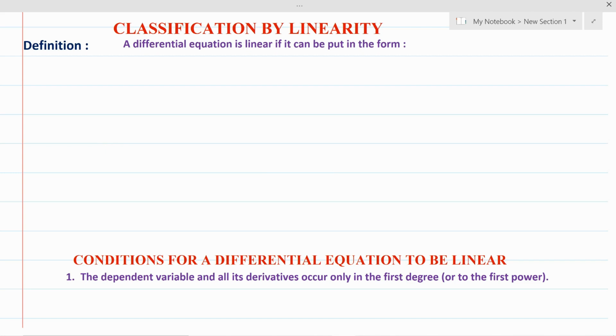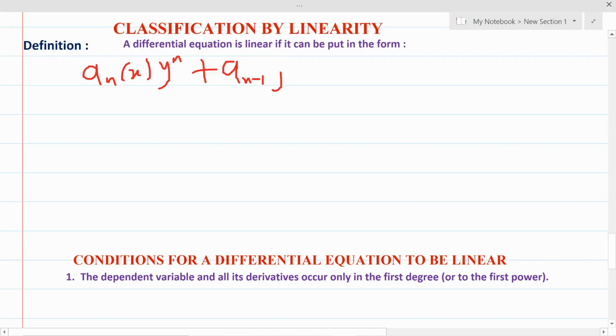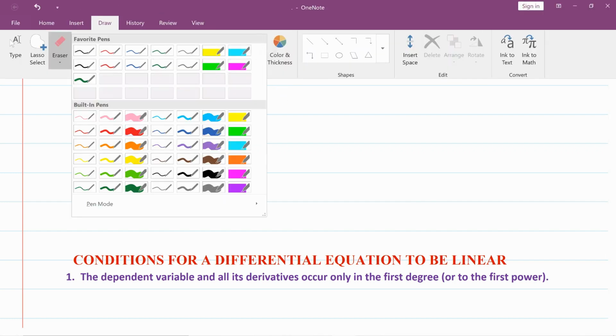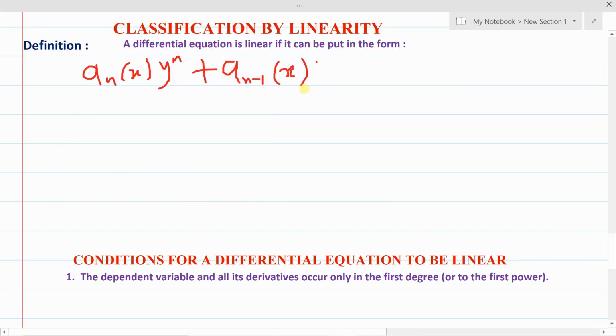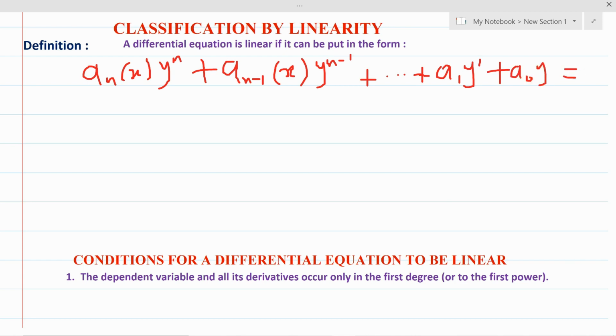If any differential equation can be written as a_n(x) y to the power n, plus a_{n-1}(x) y to the power n minus 1, where a_{n-1} is a function of x, plus dot dot dot plus a_1 y prime plus a_0 y equals 0, or it can be equal to f of x or anything.